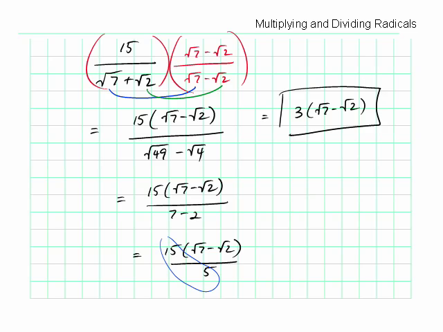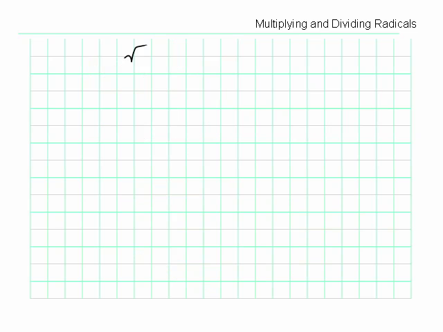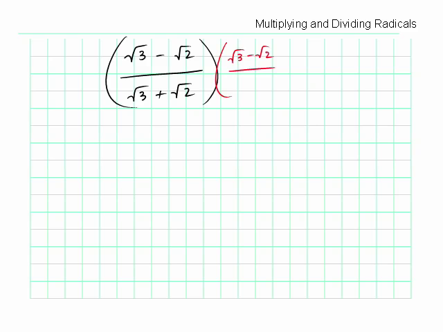There it is. One more example of multiplying by the conjugate. Square root 3 minus square root 2 over square root 3 plus square root 2. Let's see what we get with this. So I'm going to multiply by the conjugate of the denominator, which is going to be square root 3 minus square root 2 over square root 3 minus square root 2.